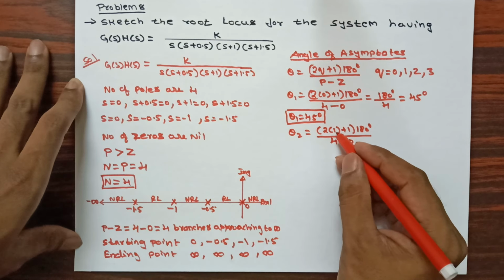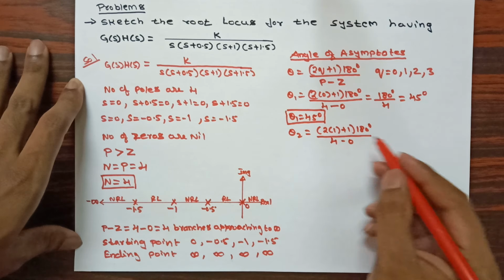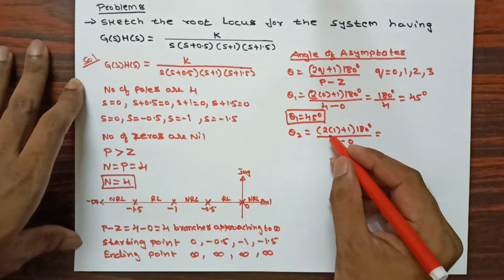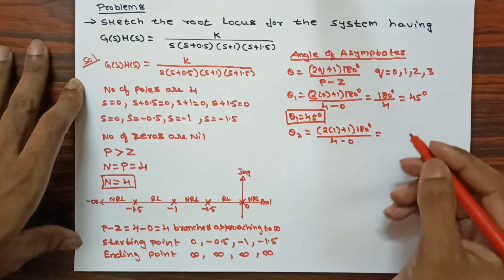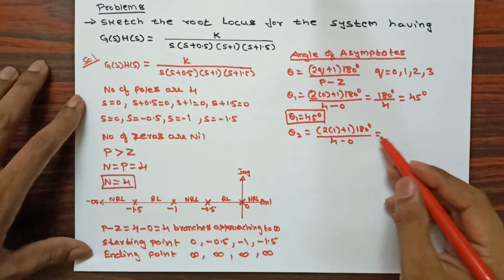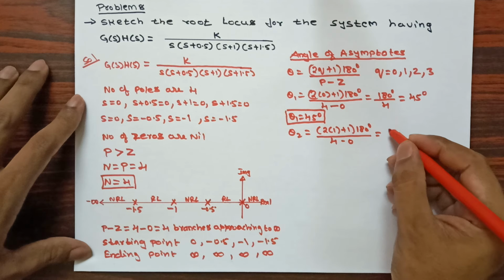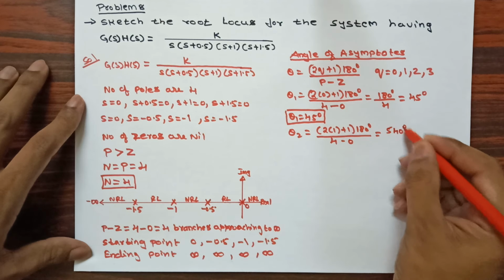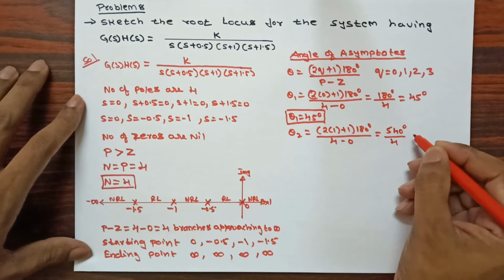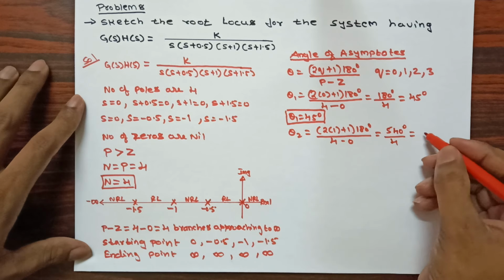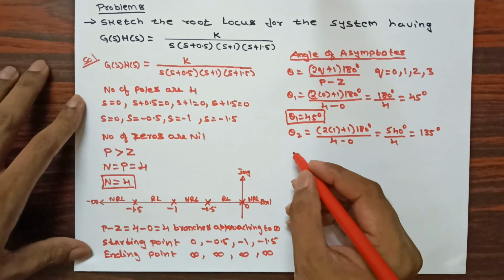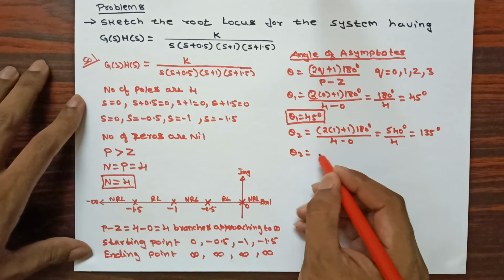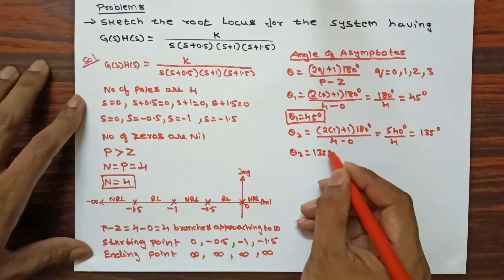In this I have substituted q value 1, and here I am going to get 2 into 1, 2, 2 plus 1, 3, 3 into 180 degrees divided by 4, which is equivalent to 540 degrees divided by 4. This will be equivalent to 135 degrees. So theta 2 is equivalent to 135 degrees.